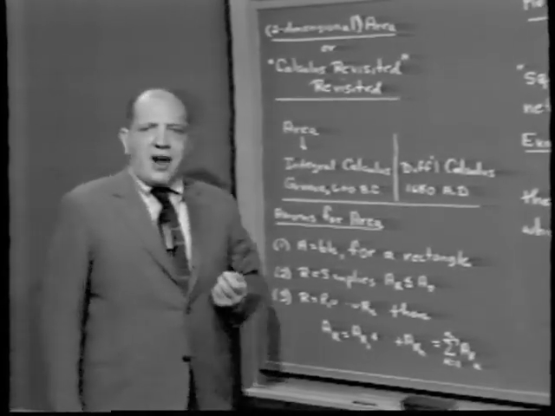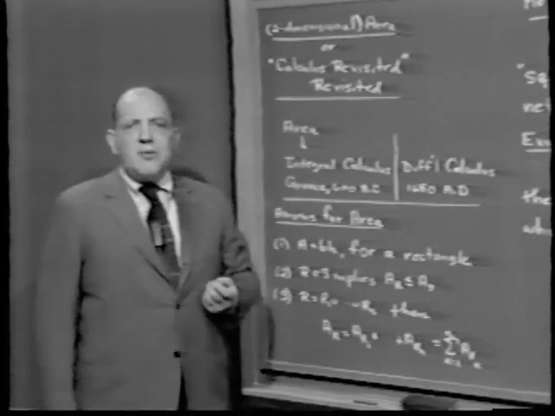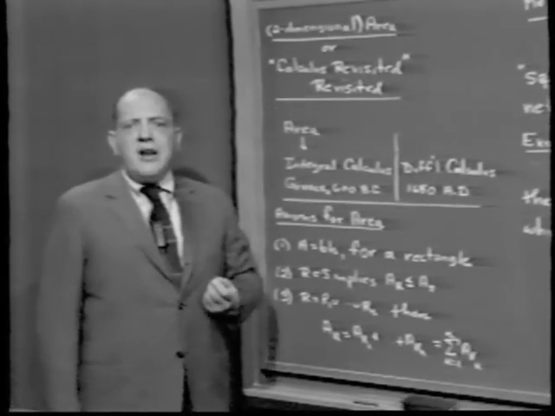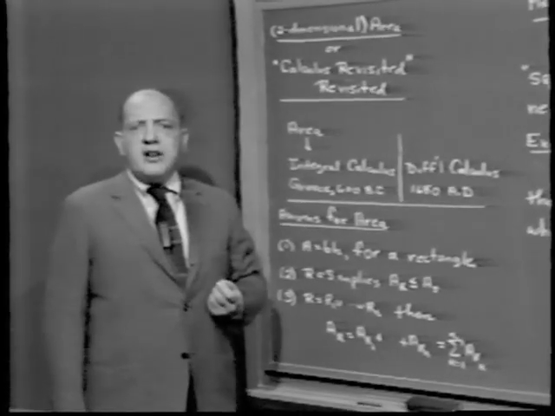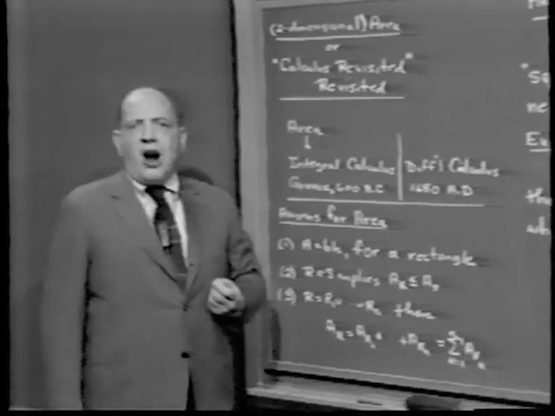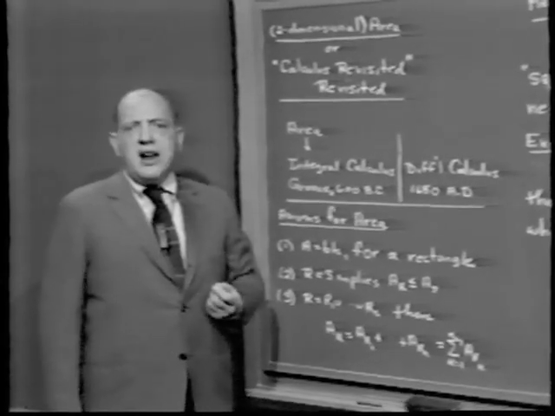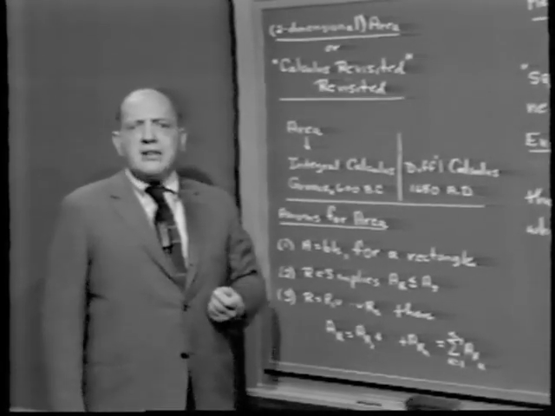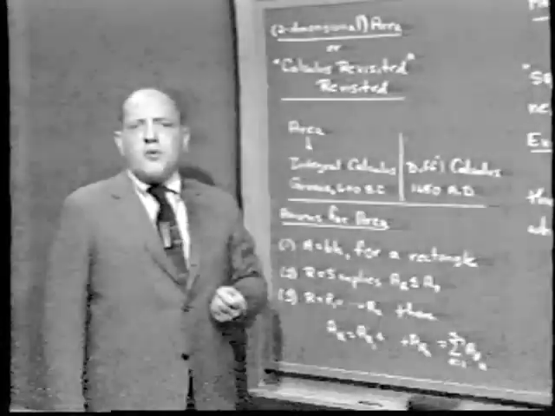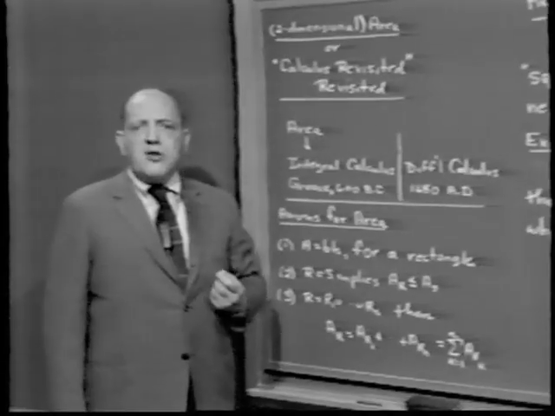Now, this is a rather beautiful study. It's one of the most aesthetic parts of elementary mathematics, namely the simplicity with which the Greek was able to tackle the sophisticated problem of finding areas in general. He started with three basically simple properties of area, so simple that most of us are willing to accept them almost intuitively.